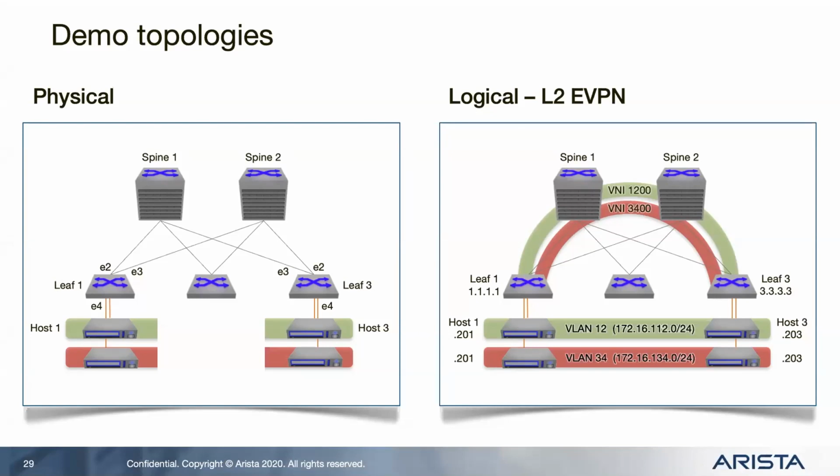So we're going to look again at those route types and understand how EVPN works, both for layer 2 and layer 3, for providing segmentation in the network. So both layer 2 and layer 3 provide multi-tenancy. So I'm going to jump into the live demo using those diagrams as a base.